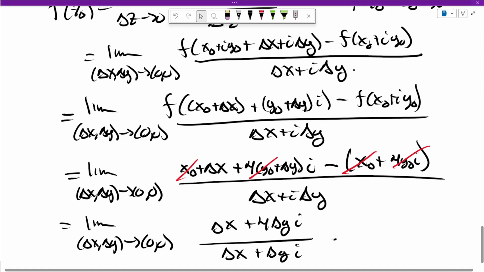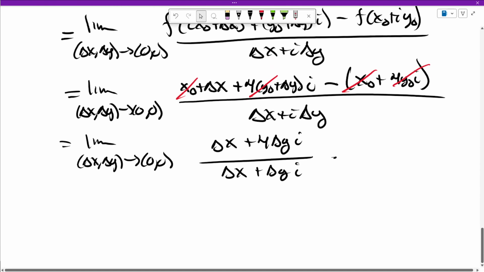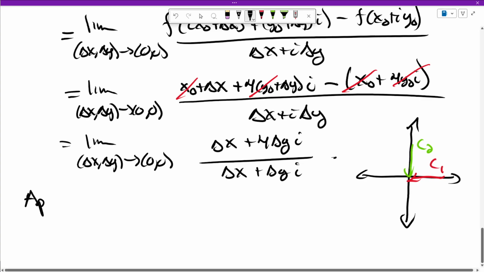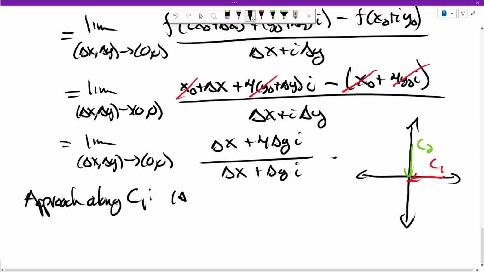And so now we can see that, for example, if delta y was 0, so we are approaching 0 along the x-axis, we should get delta x over delta x, which is 1. So here's our curve C1, and then here's going to be our curve C2. If we approach along the y-axis, we will probably get something like 4. So let's do exactly that. We're going to approach along C1. And along C1, delta y is 0.